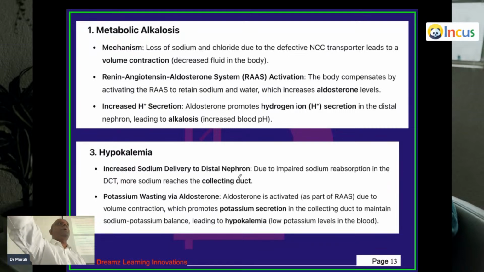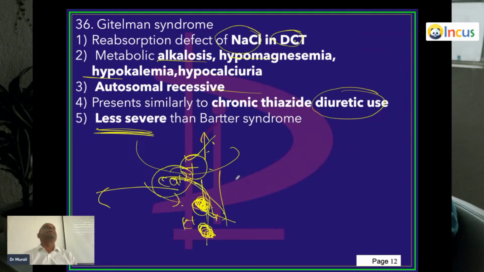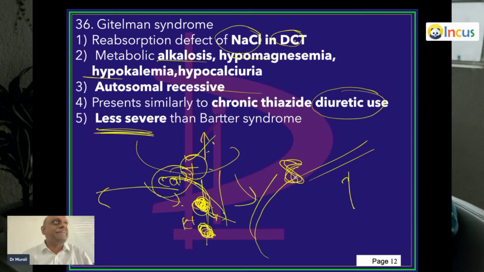When the water is lost into urine, what happens? There is a hypovolemia. There is a plasma volume contraction. Decreased plasma volume will decrease the renal plasma flow. Decreased renal plasma flow will cause the afferent arteriolar pressure to diminish.